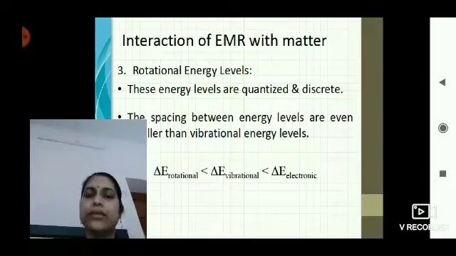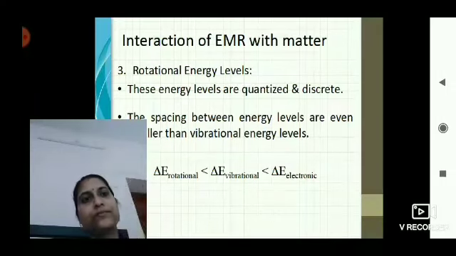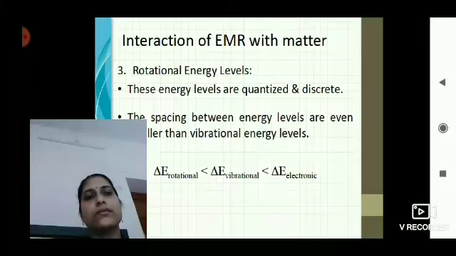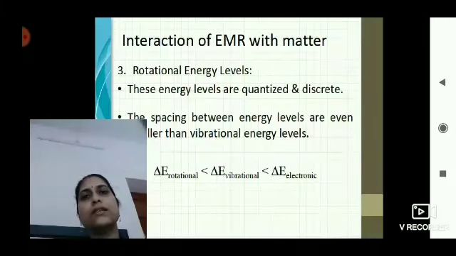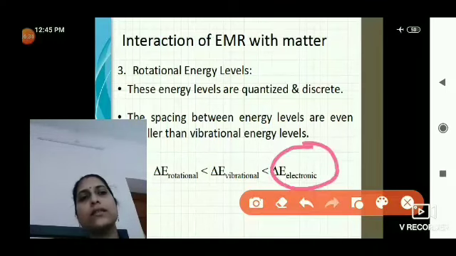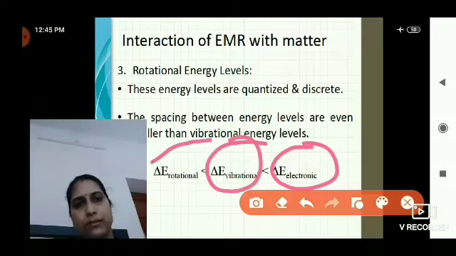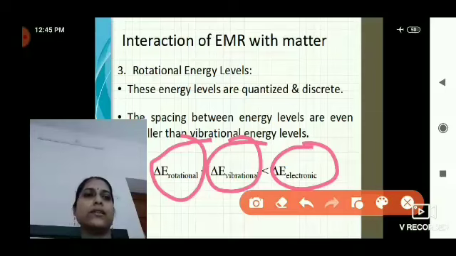If the energy is even less than infrared, it may be microwave energy, and this causes the molecule to rotate. So clearly you are seeing here that the electronic energy state of a molecule is the highest, which is greater than the vibrational energy state, which is greater than the rotational energy state.